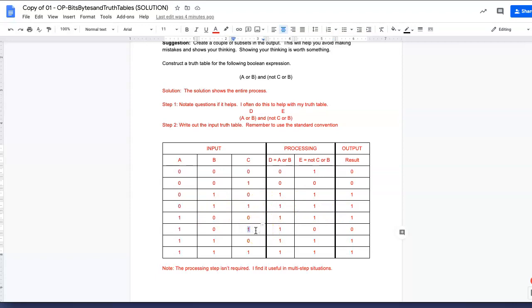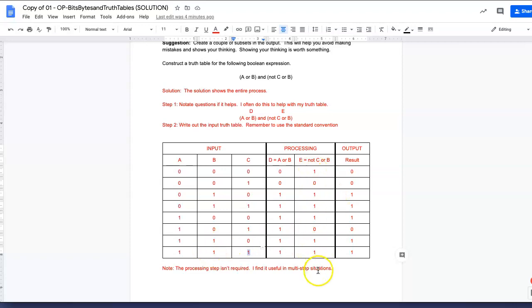Not C, 0 or 1 becomes 1. Oh, pardon me, let's do that again. Not C, 0 or 0 becomes 0. Pardon me. Not C, so 1 or 1 becomes 1. Not C, 0 or 1 becomes 1.